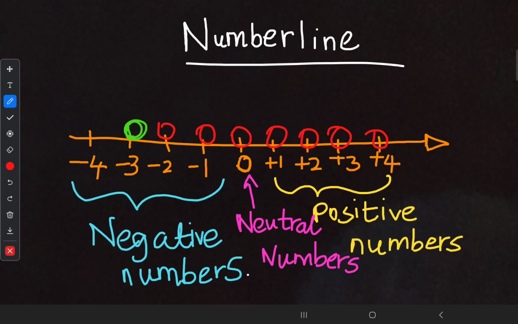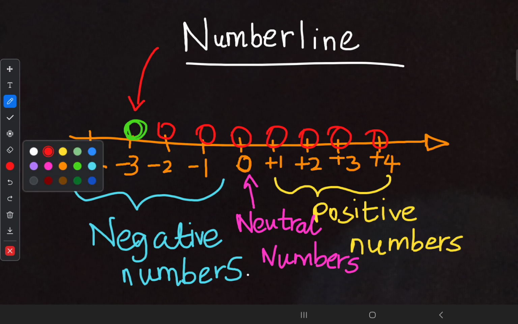This is an important feature of your number line. When we select a point, the values on its right side are always greater than the green color one. I indicated some values using red color circles. All the red color values are greater than the green color one.